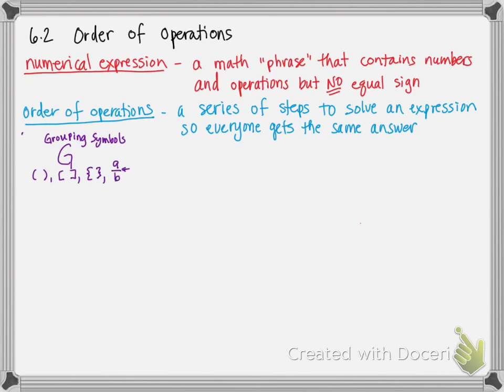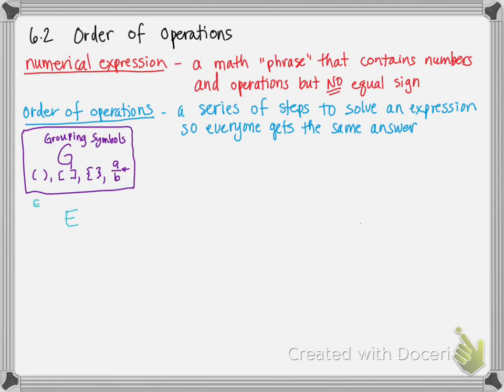Okay? So I like G for the beginning of the order of operations because grouping symbols encompass way more than just parentheses. So E is going to be exponents. Let's put a big E here.